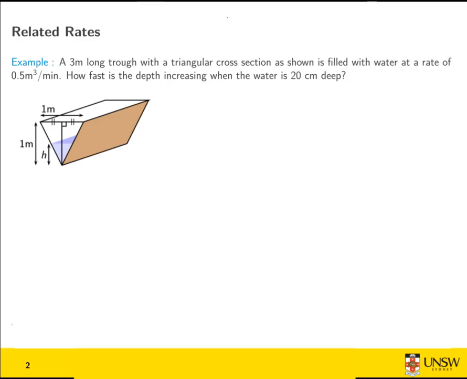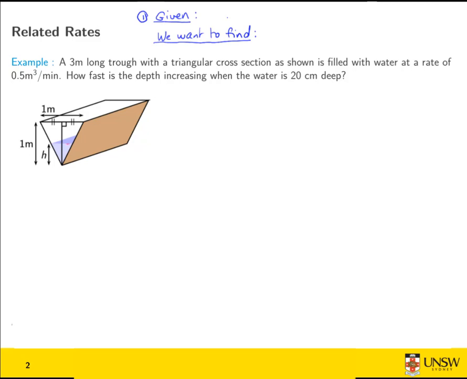The first thing we will do is to rewrite what's given in the question and what we're trying to find using mathematical symbols. In this case, it's all about measuring how something is changing, so it will be derivatives. What's given is that the trough is filled with water at a rate of 0.5 cubic meter per minute.